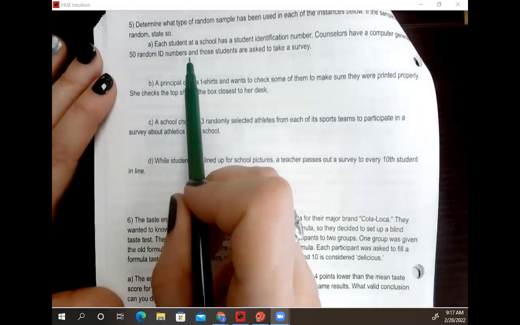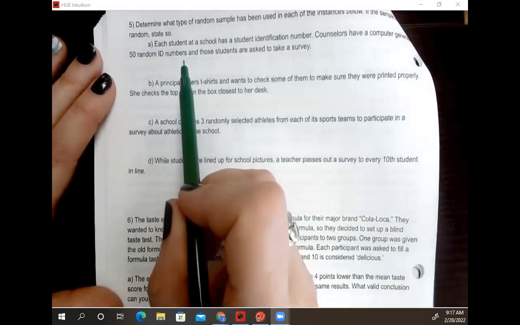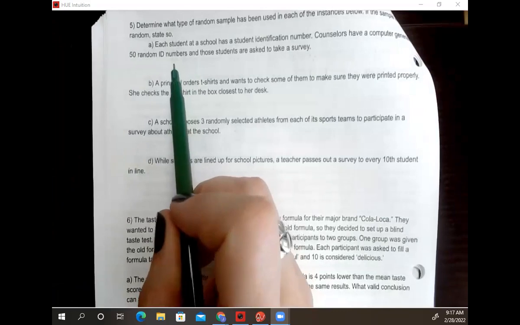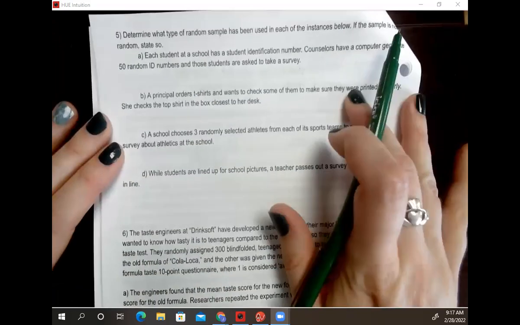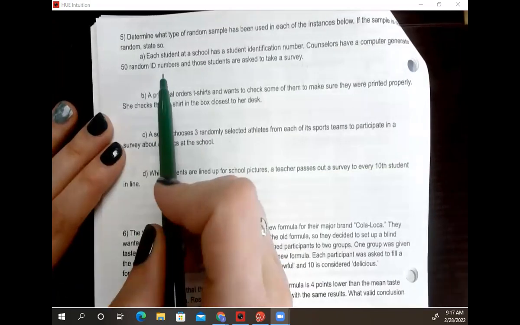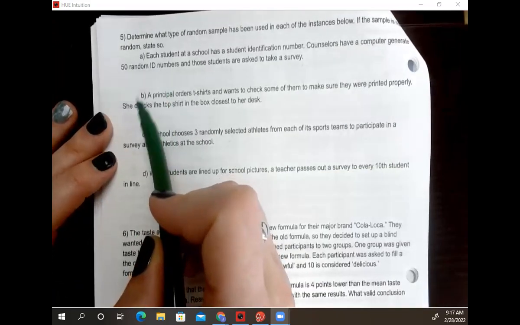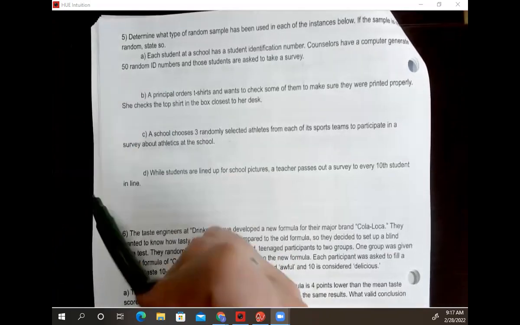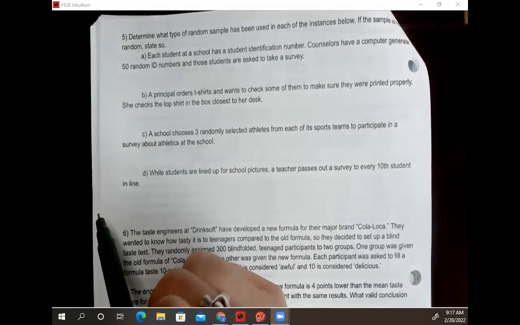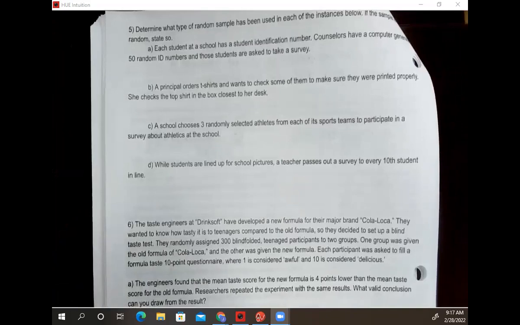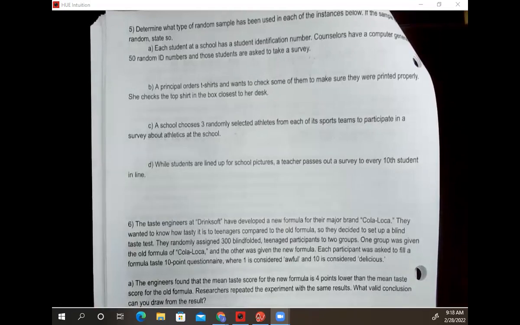Part A, each student at a school has a student identification number. Counselors have a computer generate 50 random ID numbers, and those students are asked to take a survey. First, is this random? Yeah, we used a random number generator, right? Everybody's assigned a number via their student ID number. That sounds familiar. You guys all have student ID numbers. And then we had a computer randomly output 50 of those ID numbers. That's a random sample. What type of random sample?